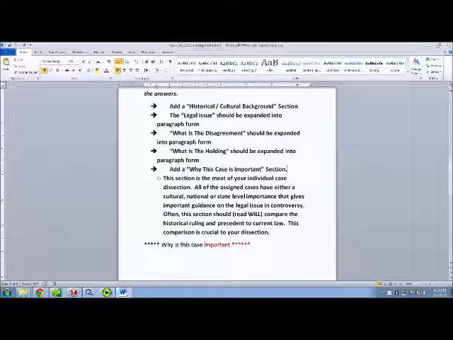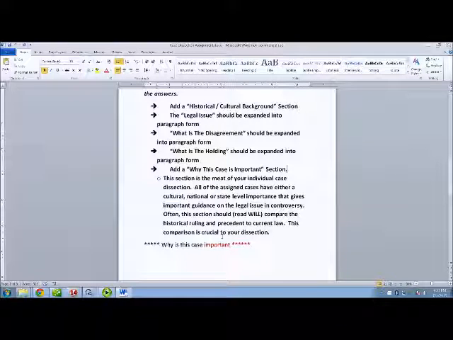All of the cases that you've been assigned are going to have some level of importance. Some of them are cultural, some have a change in the national makeup of the law, some of them are important on a state level. It's going to give everyone important guidance on the legal issue and controversy. You should always check to see if the case is good law.